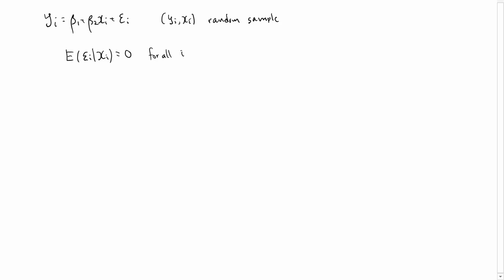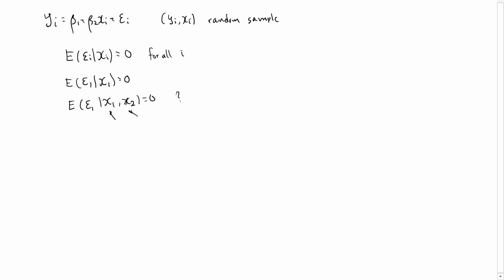So in terms of, for example, i equal to 1, it says that the expected value of the first error term given the x value of the first observation must be 0, and so on. Now, would it make sense to claim that the expected value of the first error term conditionally on x_1 and x_2 should be equal to 0? In this case, this is the x value for the first observation, and that's the x value of the second observation.